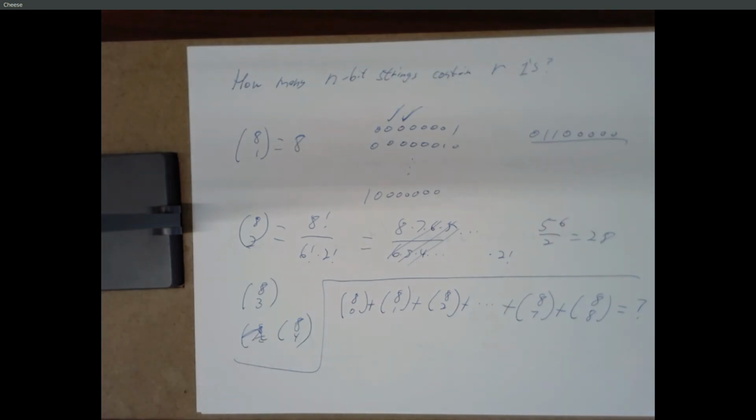The number of strings containing 0 ones, plus the number of strings containing 1 one, plus the number of strings containing 2 ones, etc., plus the number of strings containing 8 ones. What is that sum going to be equal to, without doing the math?